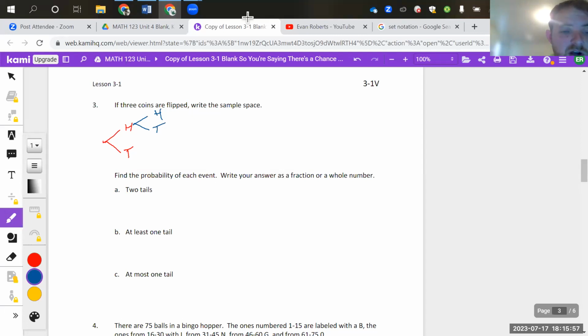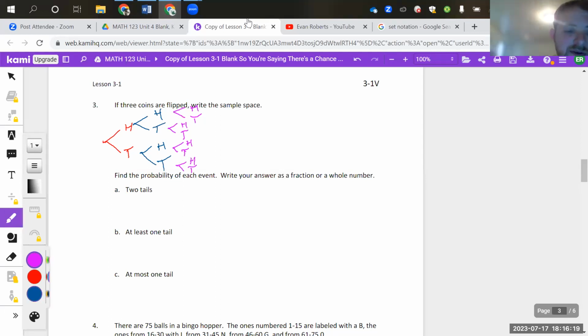If you flipped a tails, you could also flip a head or a tails again. And for the third flip, again nothing changes. You could do a head or a tails again.